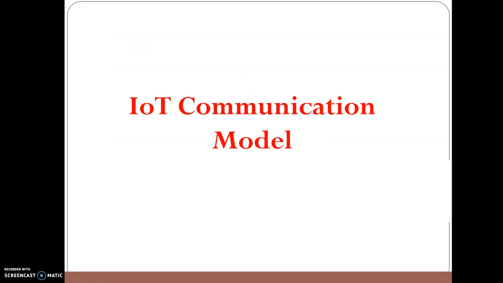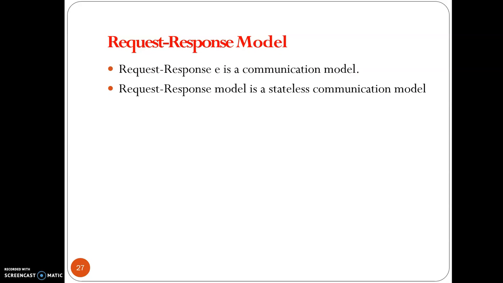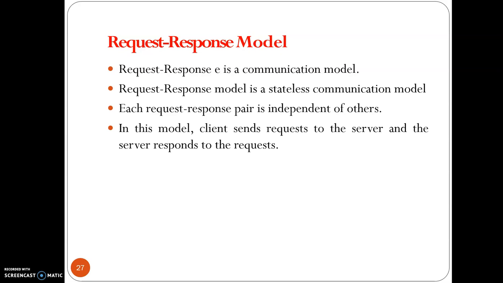In the next section, we are going to study the different IoT communication models. The first one is the request-response model. The request-response model is a stateless communication model. Each request-response pair is independent of the others.